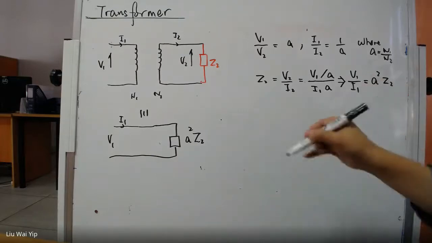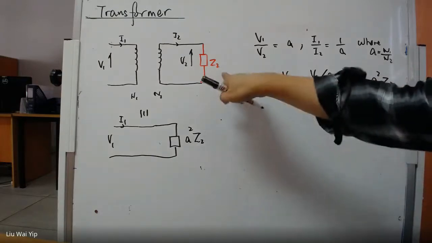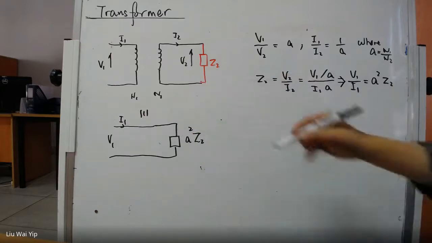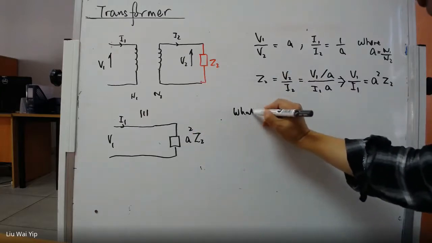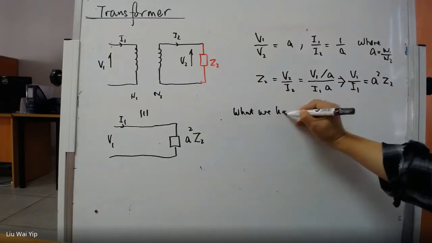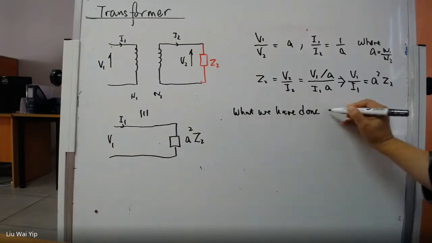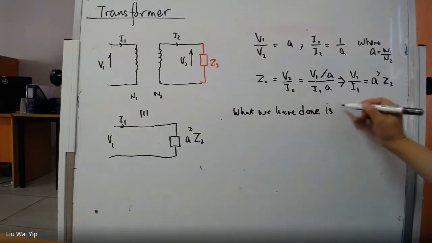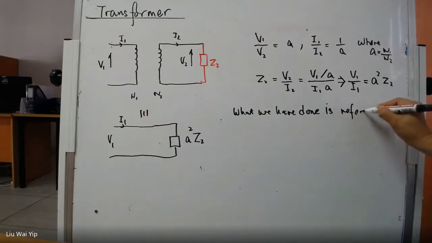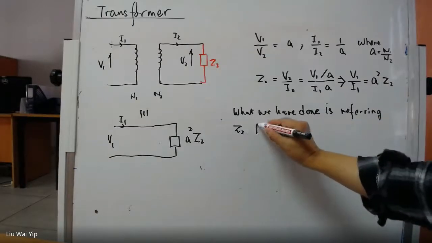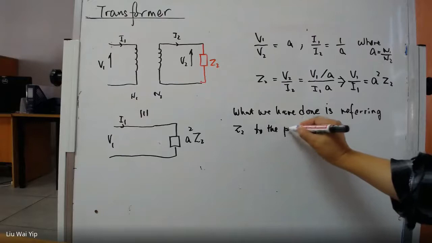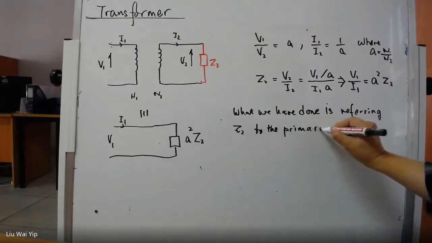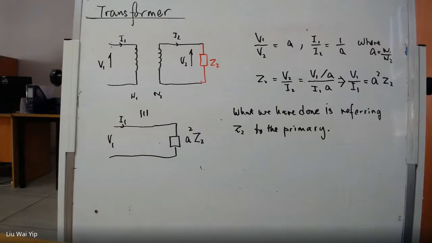What we did is we refer Z2 to the primary side. So this is a very powerful circuit technique for analyzing a transformer.